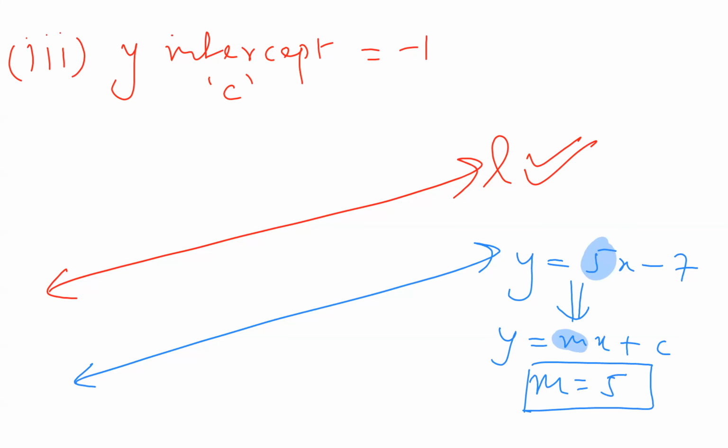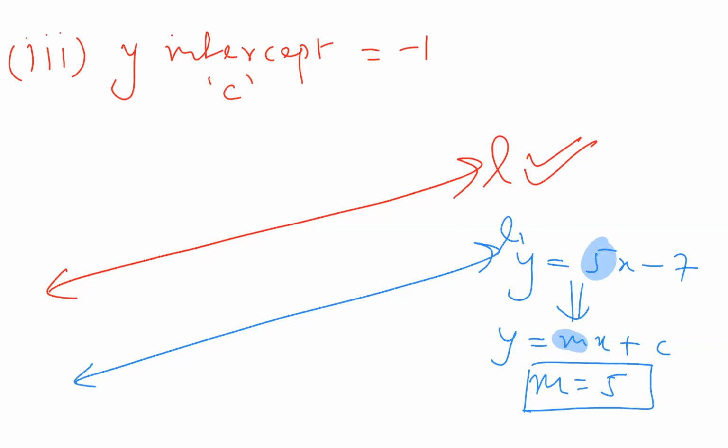So see, line L is parallel to, let's say, L1. Line L is parallel to L1. So slope of line L will be equal to slope of line L1, right? Because both are parallel.